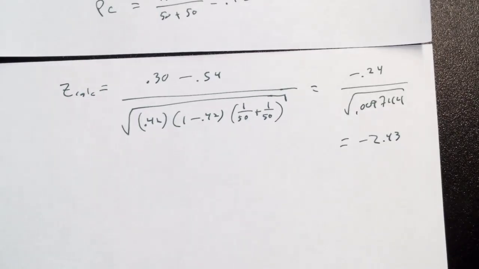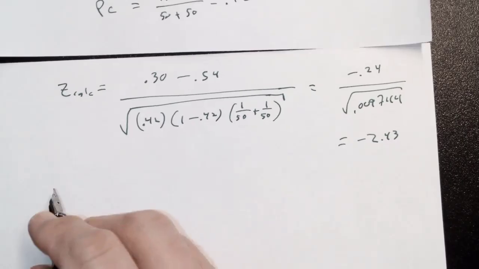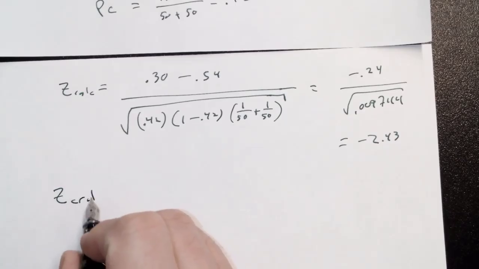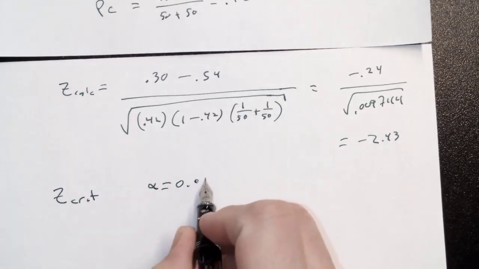Now, there are two other pieces of information I need. I need either the p-value for this, or I need a z-critical. Which one do you want to get? A p-value or a critical? Okay, if I'm doing a z-critical, remember that alpha is 0.01.